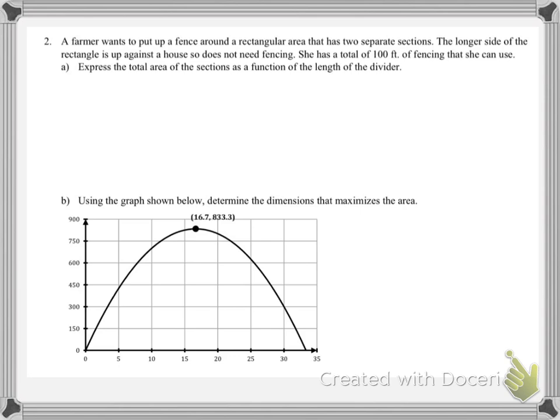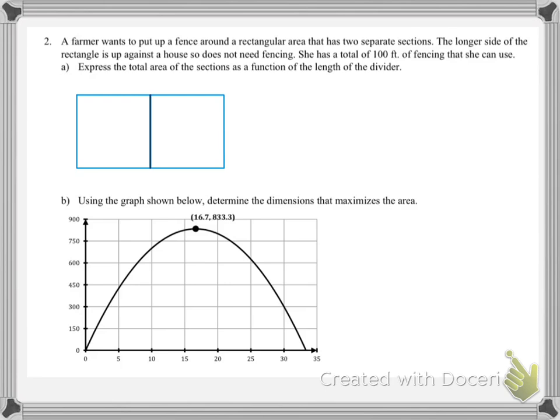Don't try to read the whole problem and then do the whole problem. Once I read that I want a rectangular area that has 2 separate sections, I'm going to pause and make a rectangular area with 2 sections, because then I don't ever have to read that sentence again, because I've recorded what it tells me.